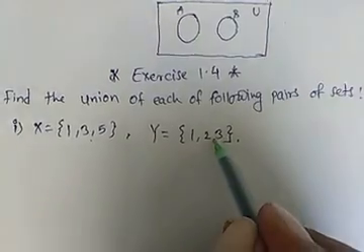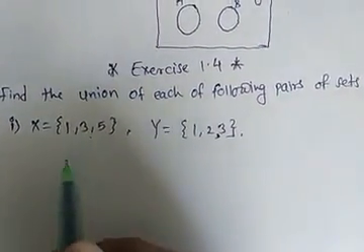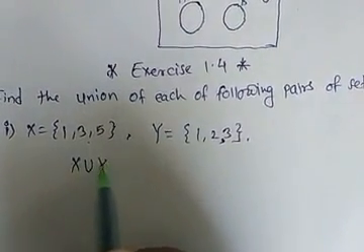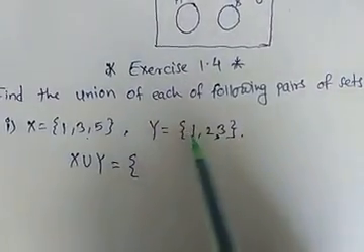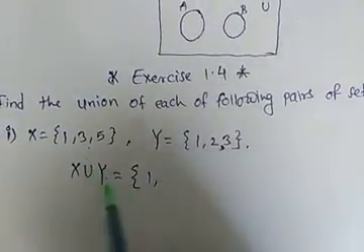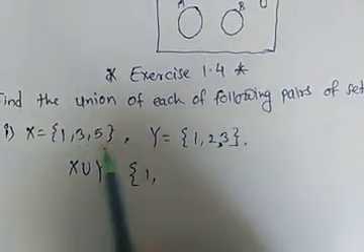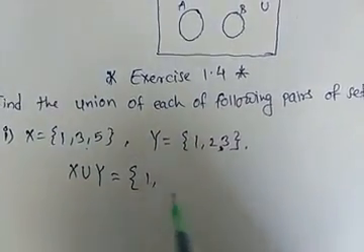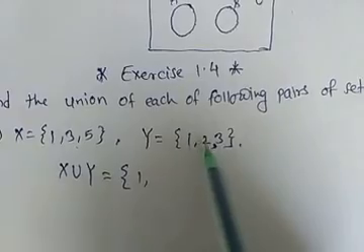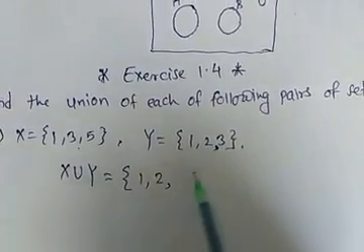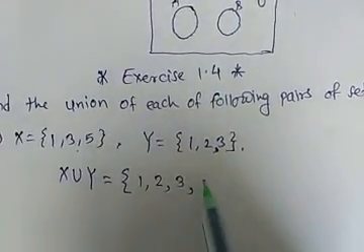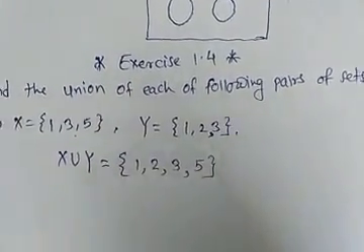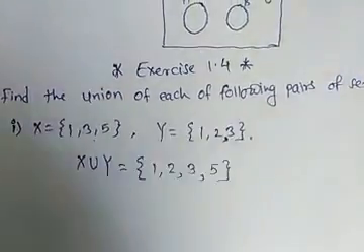So here X union Y is equal to all the elements from sets X and Y. The first element is 1. It is present in both, so we write it once only. Next element is 2, next it is 3, next it is 5. This is our X union Y.